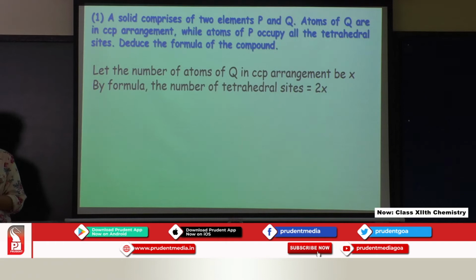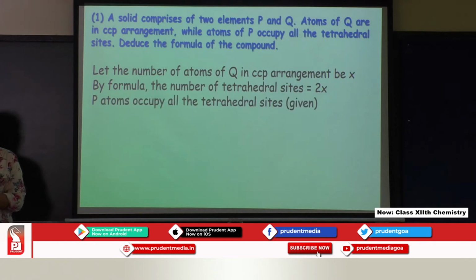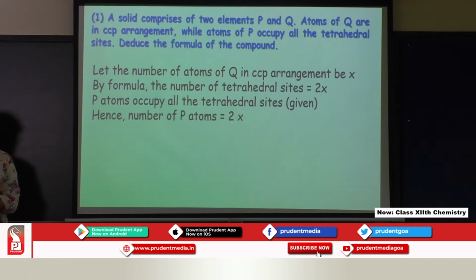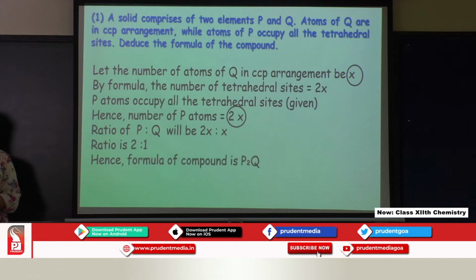By formula, we know that the number of tetrahedral voids generated will be twice x. It is given in the numerical that P atoms occupy all the tetrahedral sites. Hence, the number of P atoms will be equal to 2x. Taking the ratio of P is to Q, we get 2x is to x, that is 2 is to 1. And finally, the formula of the compound will be P2Q.